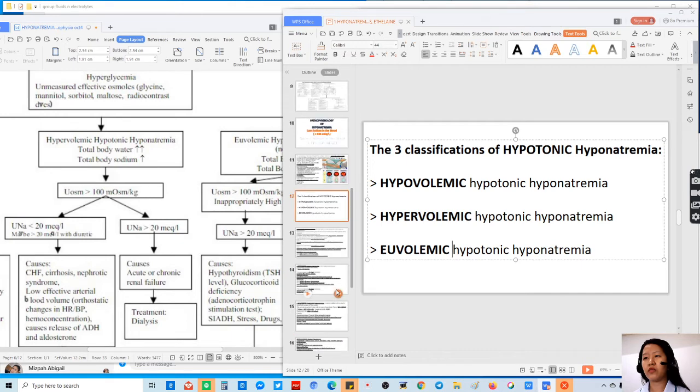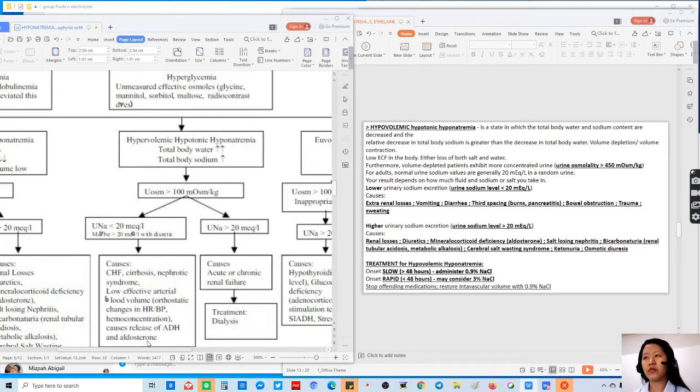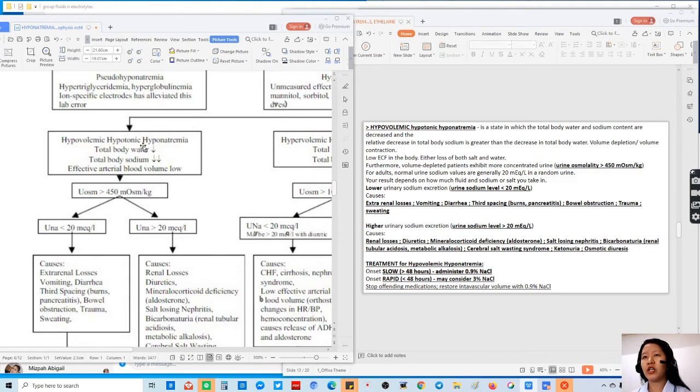Next, hypovolemic hyponatremia. Under the hypovolemic hyponatremia, the total body water decreases, a state in which the total body water and sodium content are decreased.